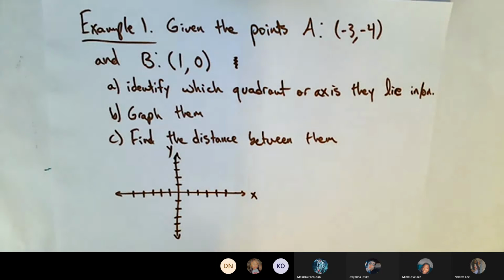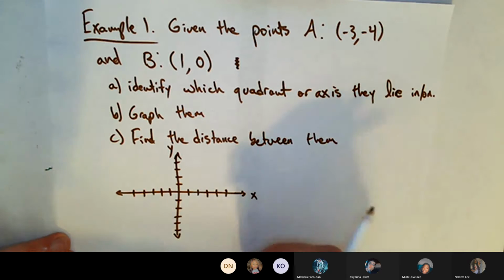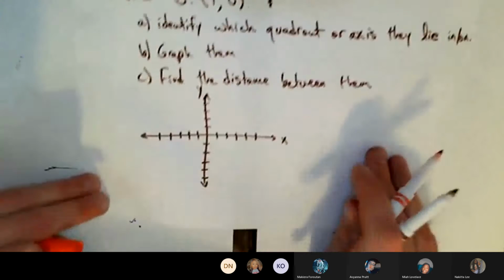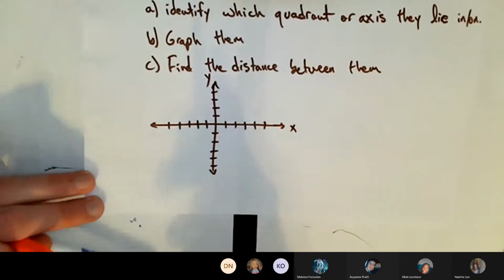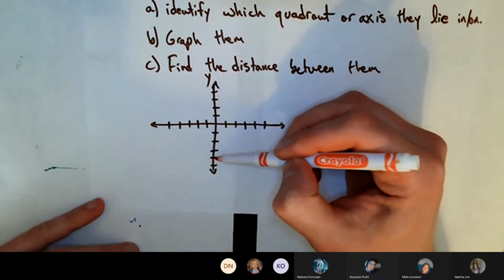So the point A is at -3 for x, which puts me over here. -3 is right here, so -1, -2, -3, and then down -4. 1, 2, 3, 4. So it should be lining up with this and this.